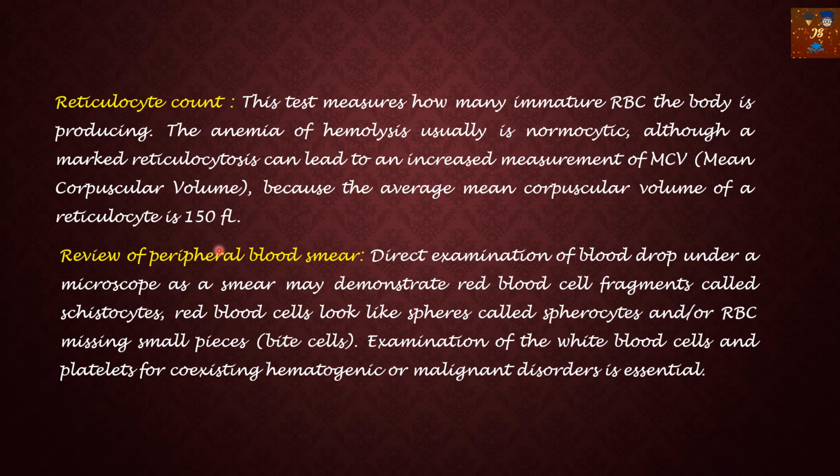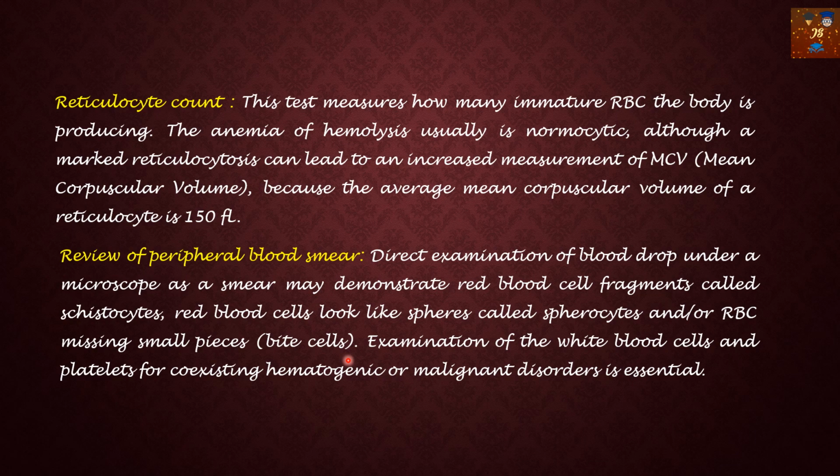Next, review of peripheral blood smear. Direct examination of a blood drop under a microscope as a smear may demonstrate red blood cell fragments called schistocytes. Red blood cells may look like spheres called spherocytes, and or RBCs missing small pieces like bite cells. So, schistocytes, spherocytes and bite cells.